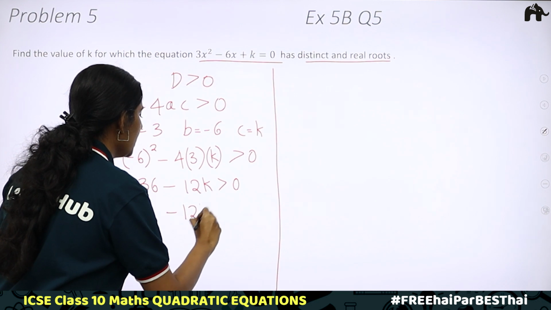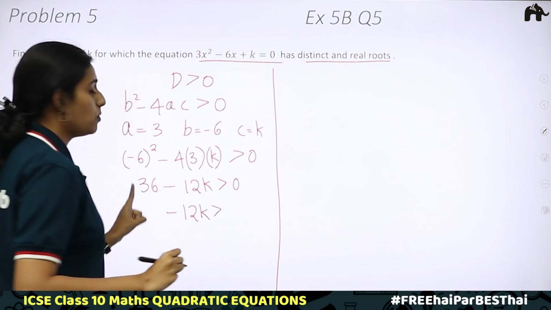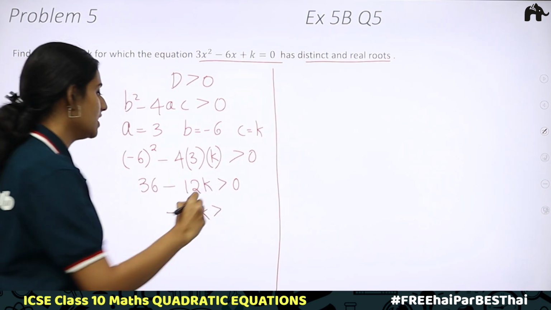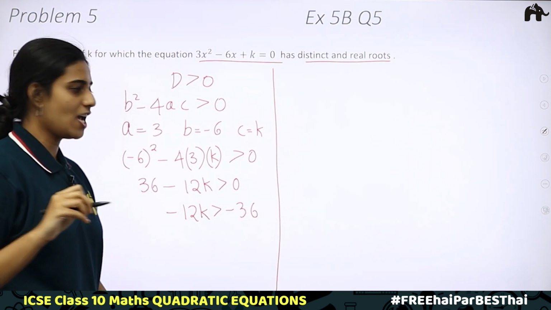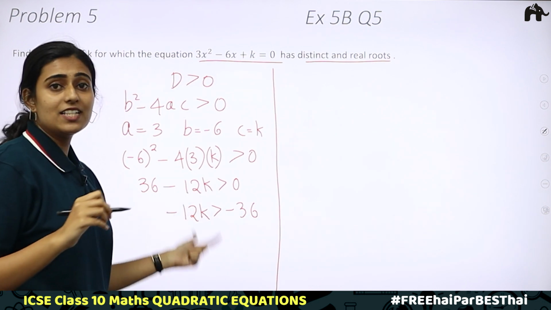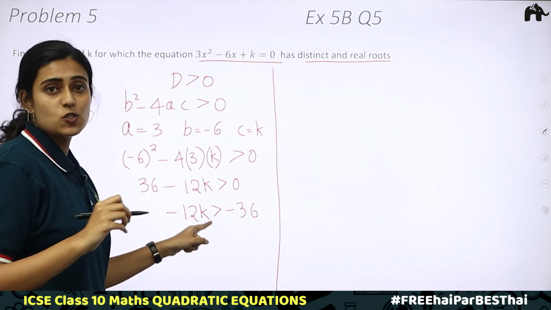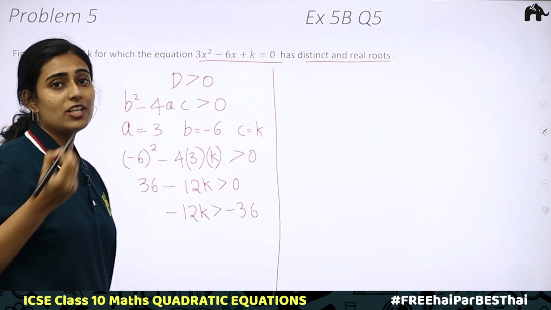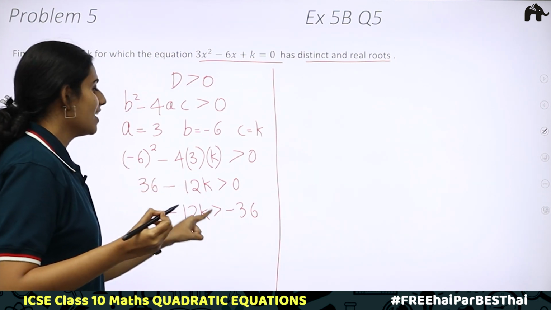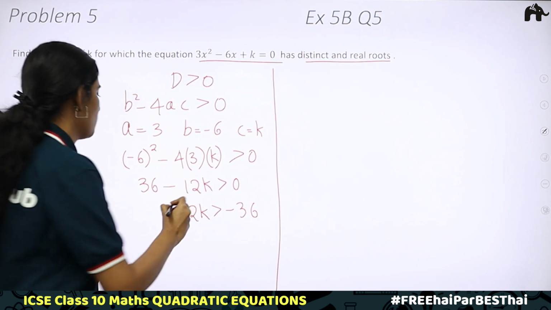Minus 12k greater than, positive 36 becomes negative 36. You remember these things? We have studied in the previous chapter. Now when you divide with a negative number, here to get k, we need to divide with negative 12. When you divide with a negative number, the inequality reverses.